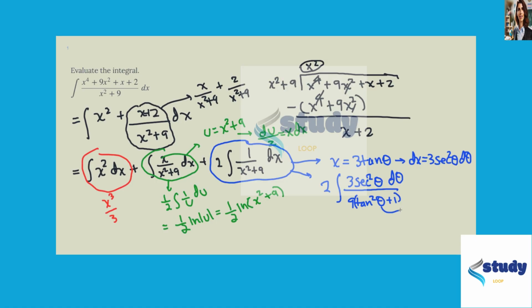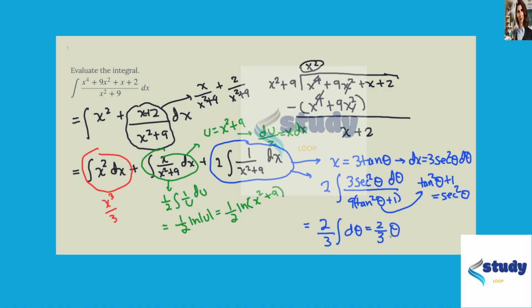And then we use the fact here that tan squared plus 1 is just secant squared. So we could cancel the secant squared terms. Then we'll have 2 over 3 integral. The secants cancel. We just have d theta. That's just 2 over 3 theta.